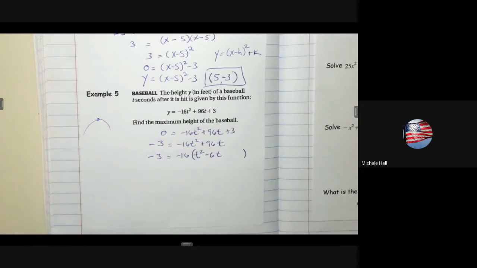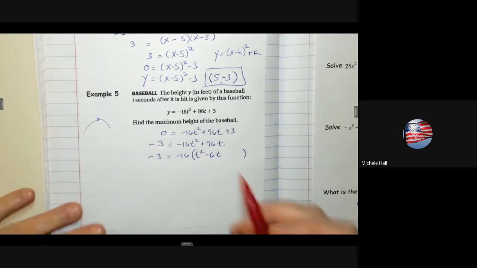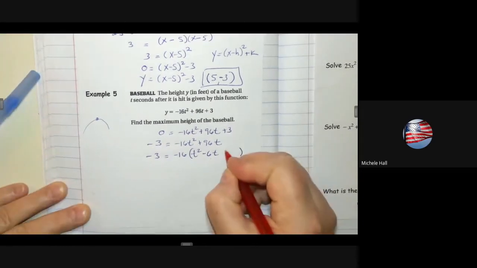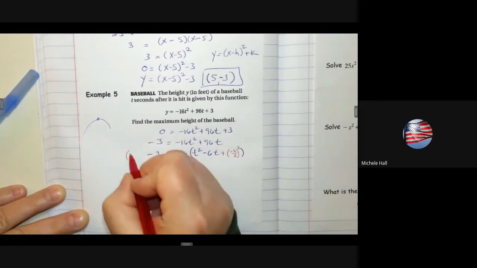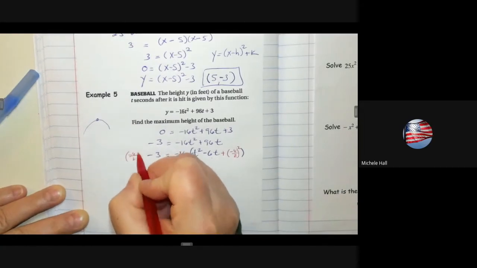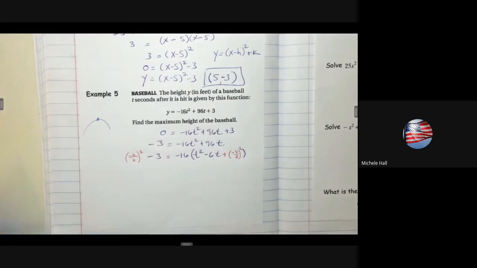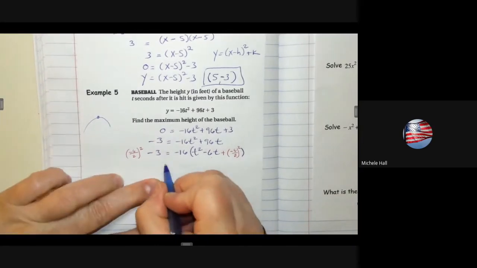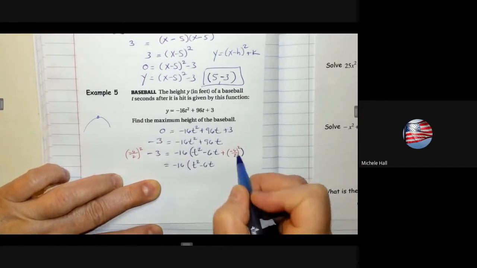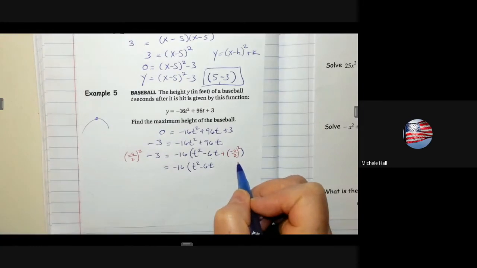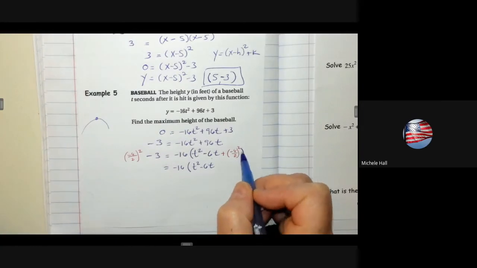The next step would be to create that perfect square trinomial. So I'm going to do half of the b term, half of negative 6, and then squared. We get negative 16 times t squared minus 6t. Negative 6 divided by 2 is negative 3, and negative 3 squared is 9.